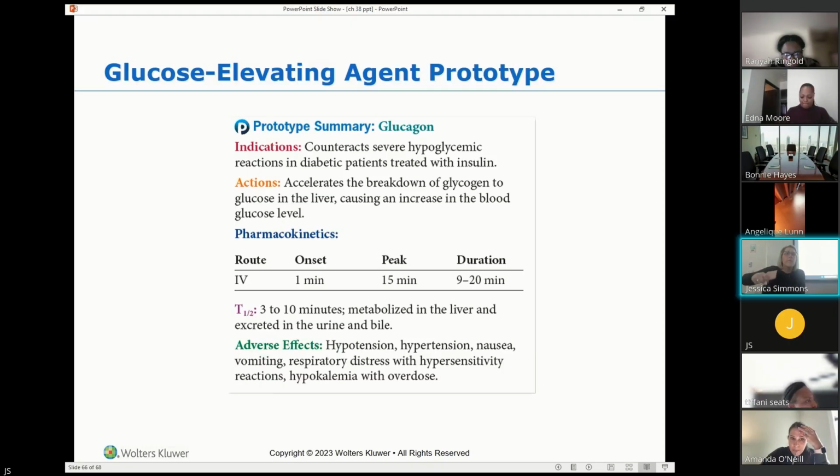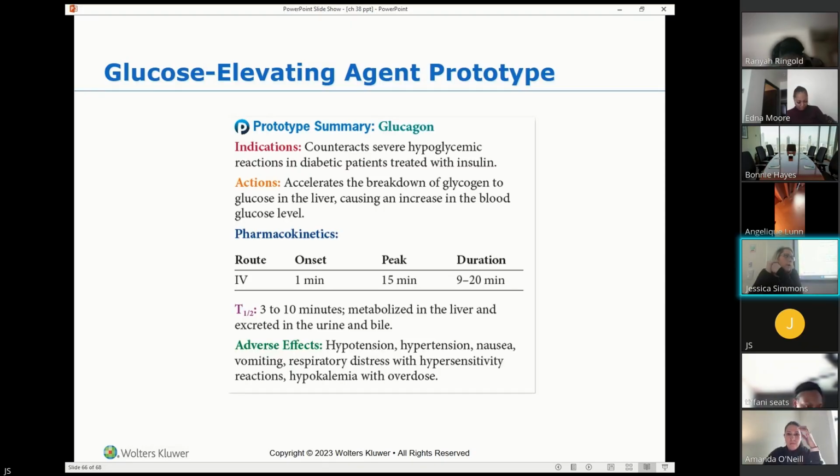If your patient is alert, aware, able to swallow, and able to follow direction, you are going to give them simple sugar, which is 15 grams of a carbohydrate, like apple juice or cranberry juice. That's why they have those little juice packets, orange juice, in the hospital.